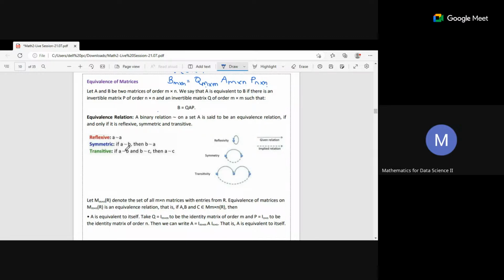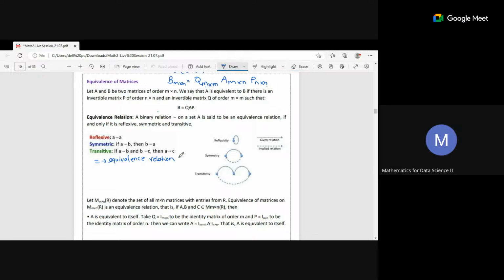What are those conditions? A is equivalent to A. For example, I will tell you a very familiar one which you already know. Maybe I will use less than or equal to. This symmetric property I cannot say for it, so maybe I will just put equal to.